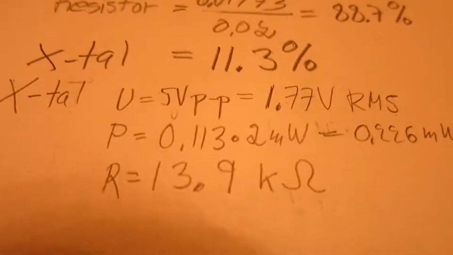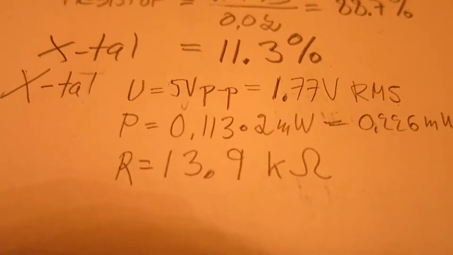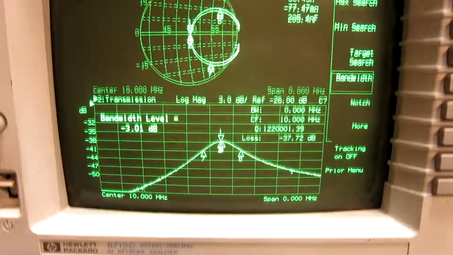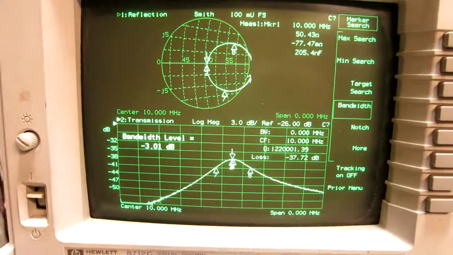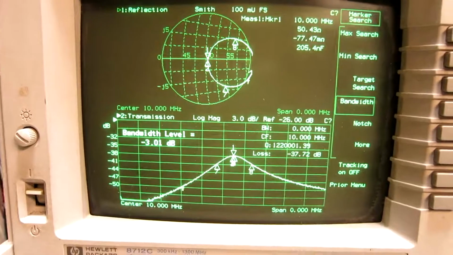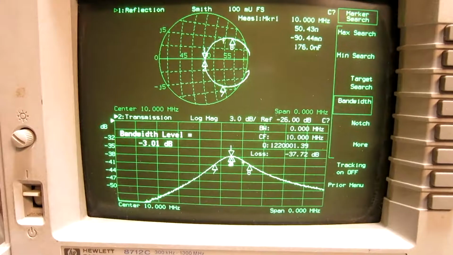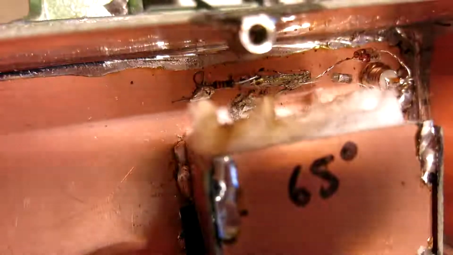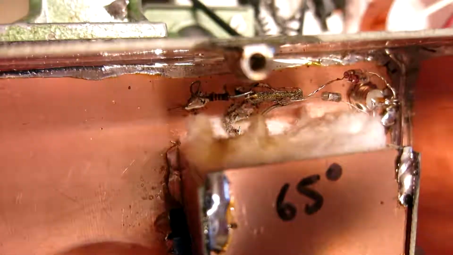And from that I can compute the crystal impedance to be 13.9 kilo ohms. Now I'm looking on the network analyzer again, from the input to the monitor output. Q is 1.22 million and the loss is 37.32. I have placed a 13 kilo ohm resistor in parallel with the crystal.